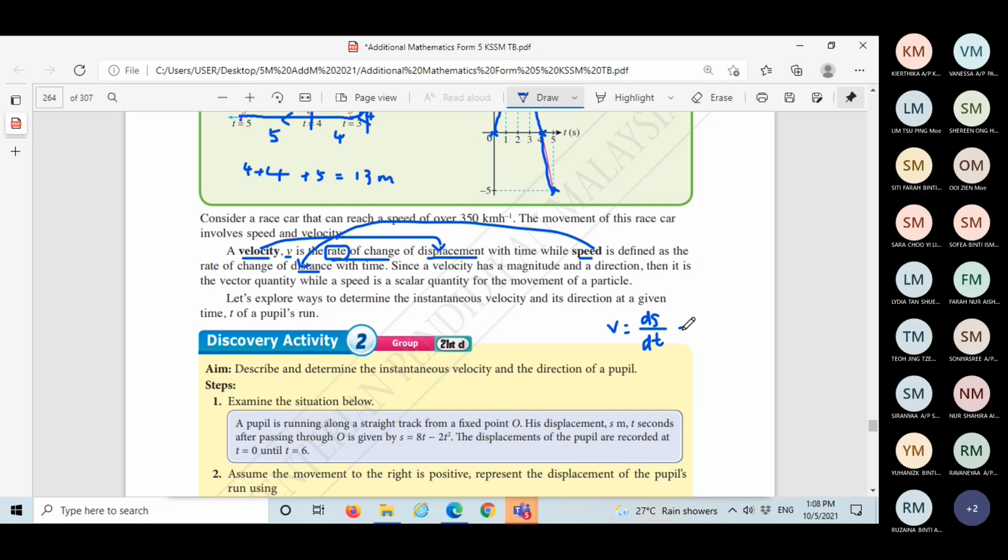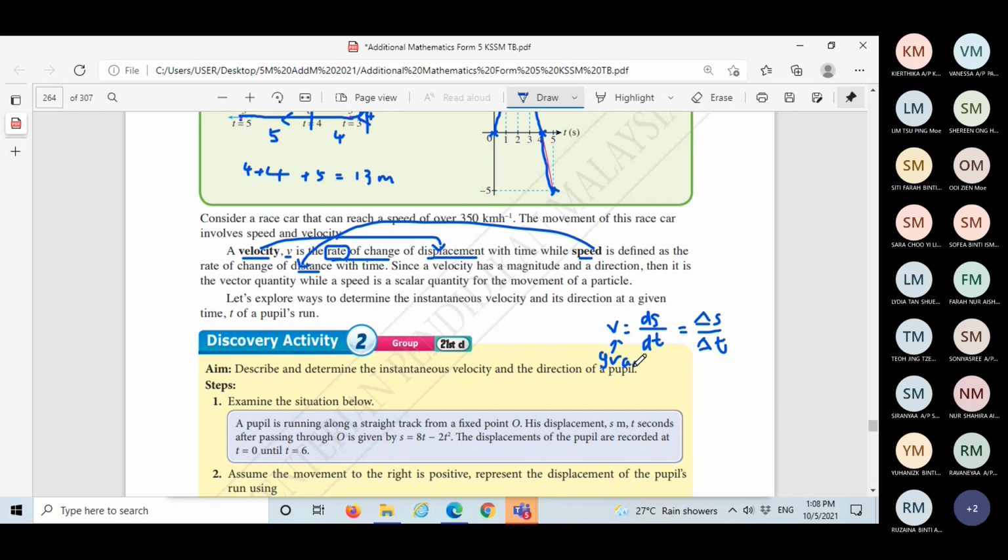You can either write ds/dt, or you can write this also: the difference of the s divided by the difference of the t. When you refer to the graph, this one actually is the gradient. The velocity actually is the gradient.